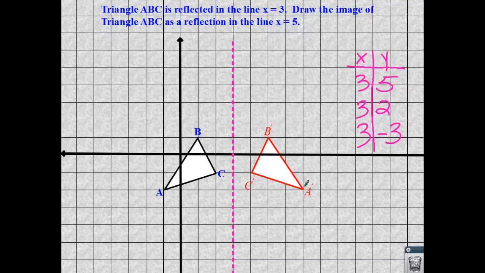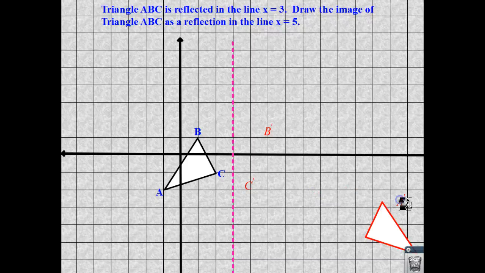But in the directions it says, how about we draw this image of triangle ABC as a reflection in the x equals 5 line. Okay, so that means I need to move my pink dotted line, which was at x equals 3, to the x equals 5 grid line.